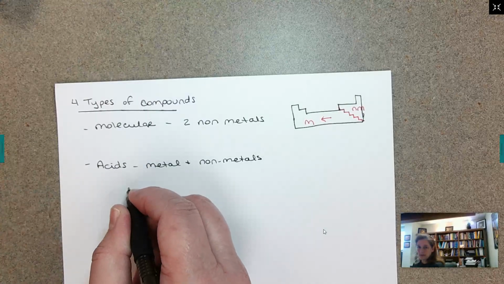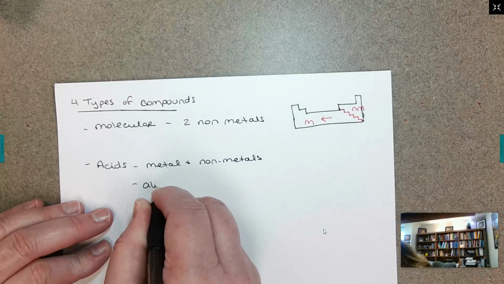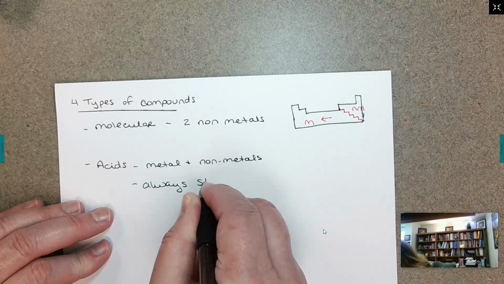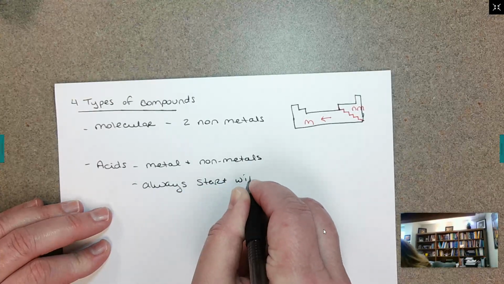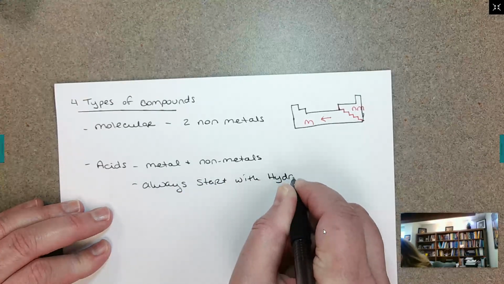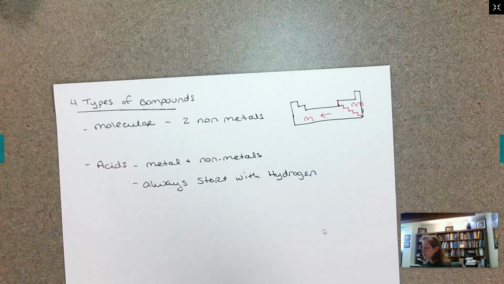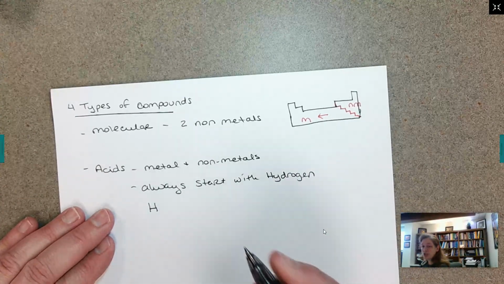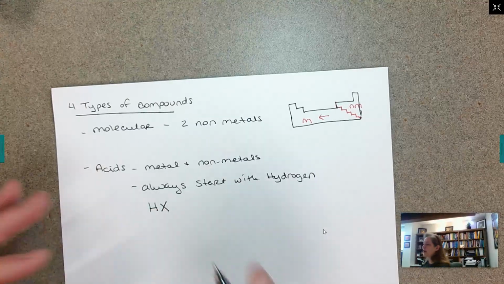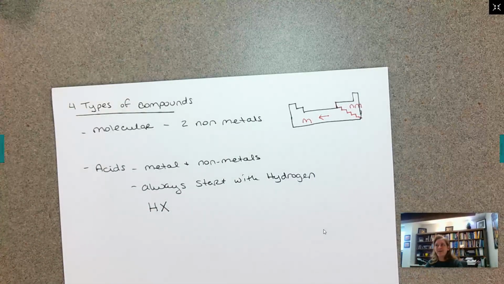That's going to be your metal. So they're going to look something like H and then some generic X. That is the format for all acids. And when you're looking at acid names, acids are always going to end in the word acid. So that way you know you're dealing with that.